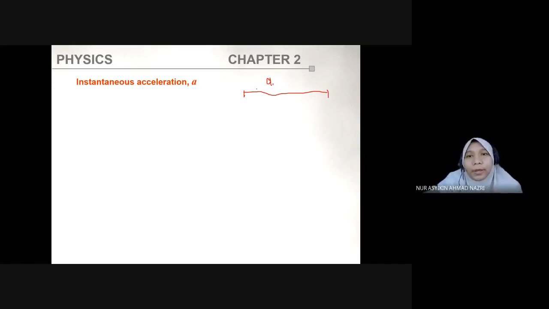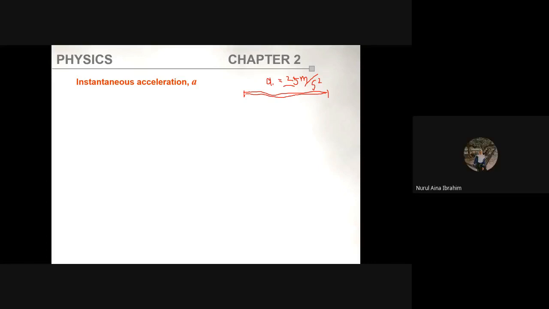Dia accelerate but with the same value of acceleration. Contoh macam yang ni 25 meter per second squared. So sepanjang dia travel tu dia maintain acceleration dia. So that we call it as uniform.